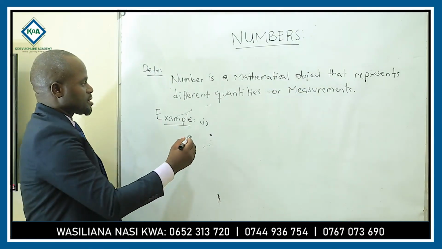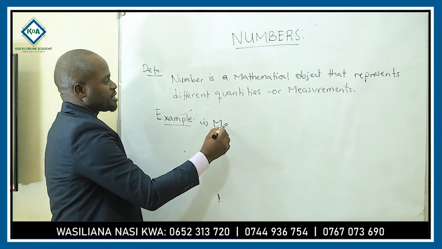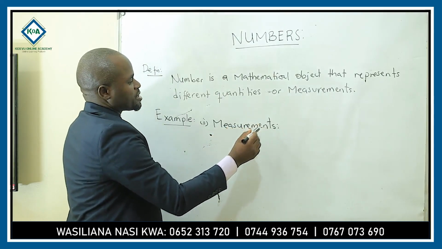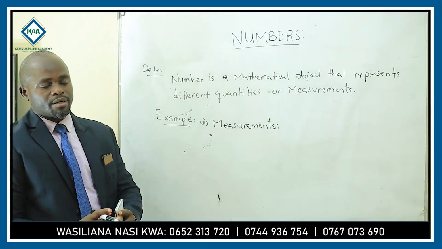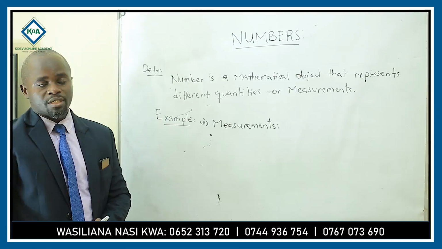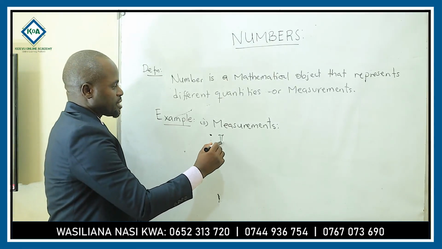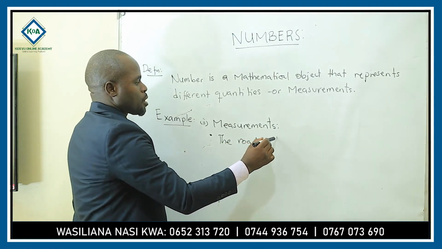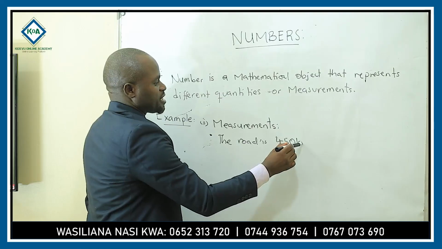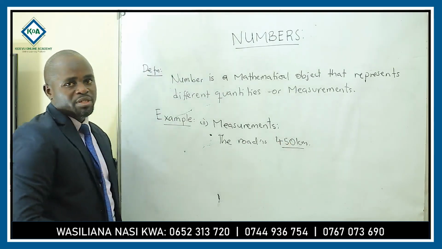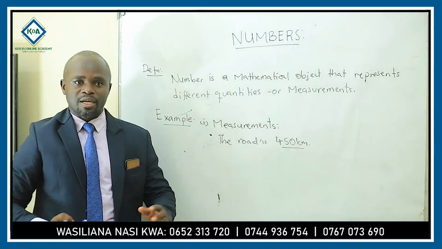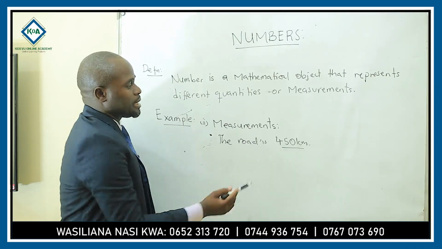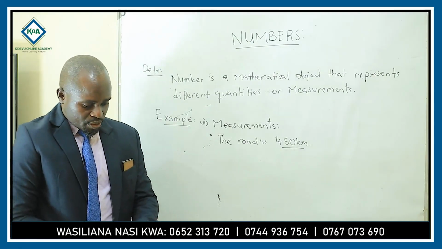Now in measurements, if you talk about the distance of a road, maybe the road is 450 kilometers. It means here we are talking about the length of the road. So this 450 is a number. So that is a number.